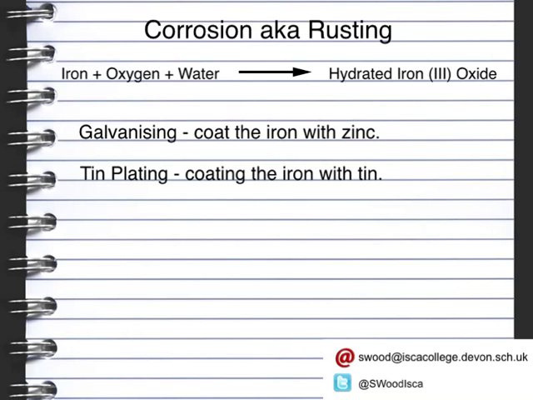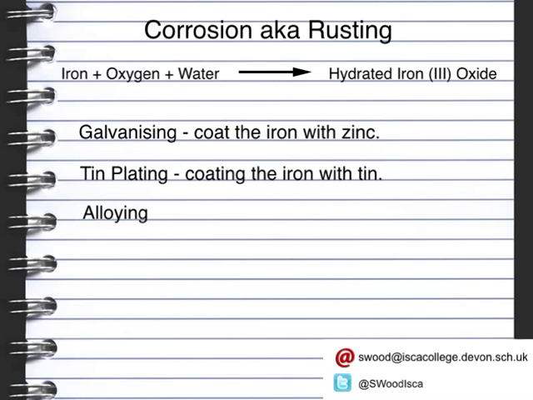Tin plating, which coats the iron with tin. Now, the problem with this is if the tin becomes scratched, then the iron can corrode and the iron can lose electrons. Now, the losing of electrons we'll talk about in terms of redox in a moment.